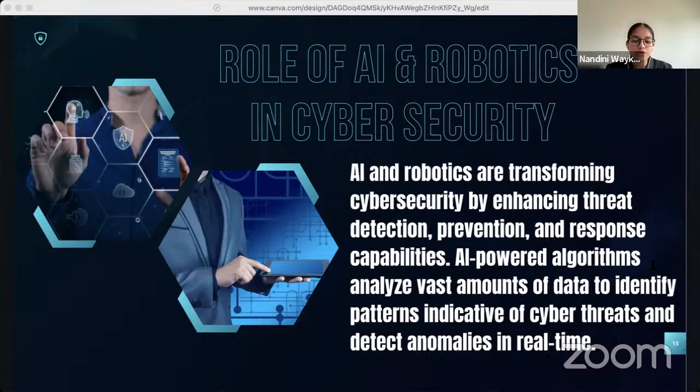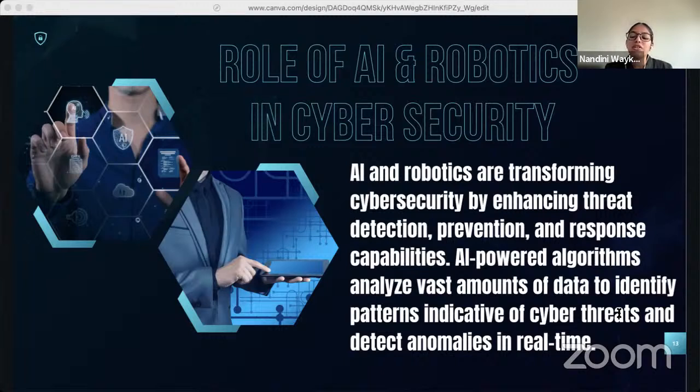Robotics also has a huge role in this. Robotics and automation tools automate security operations, including incident response, vulnerability management, and threat intelligence analysis, and they reduce response time and improve efficiency.